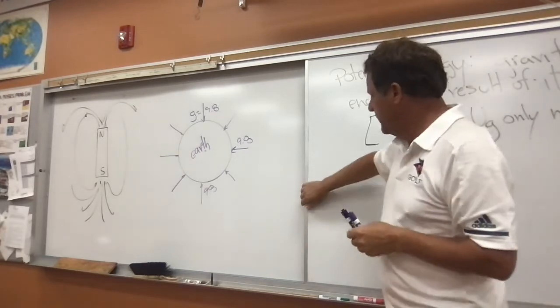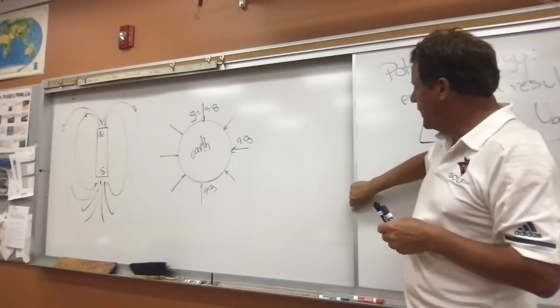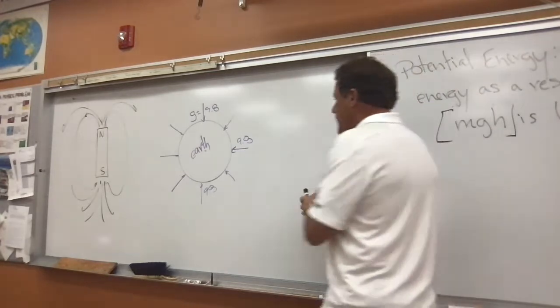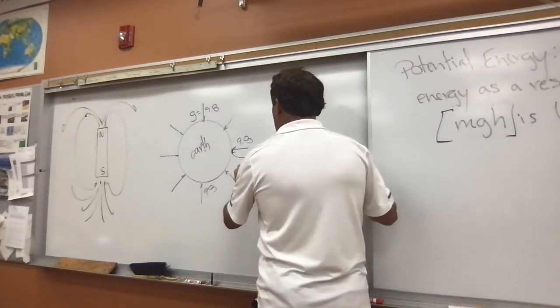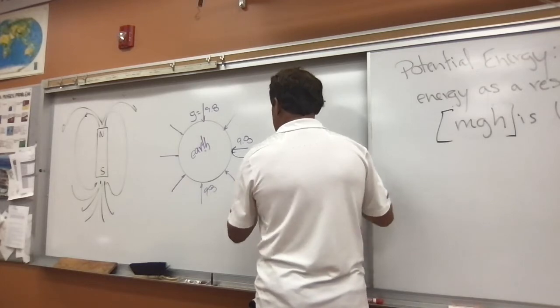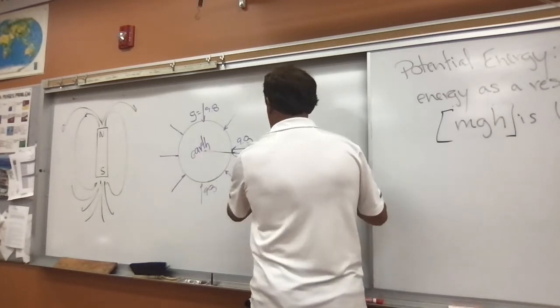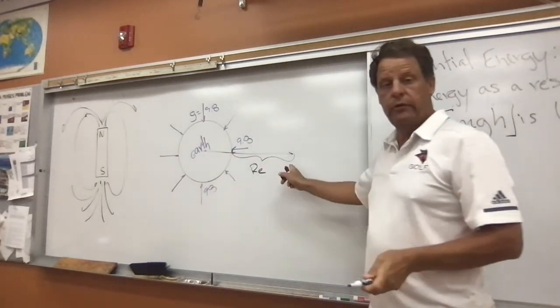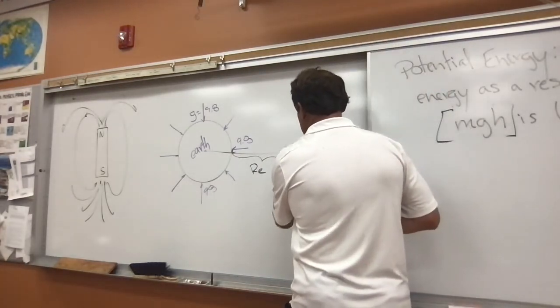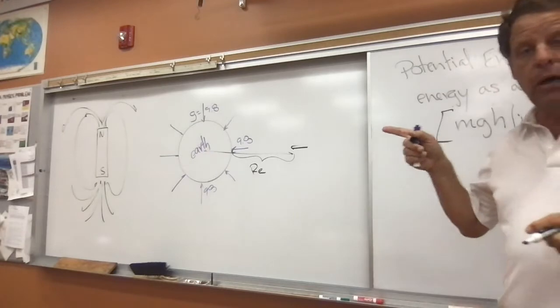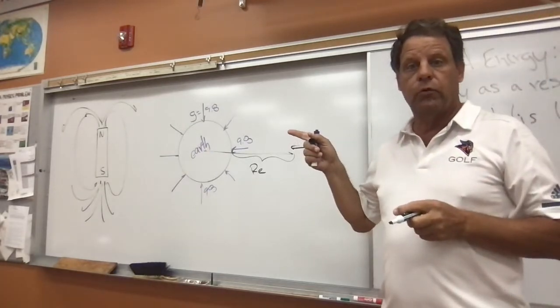But what if we go one more Earth's radius, so now we have a total of 2 Earth's radii? We're still going to have a gravitational field.